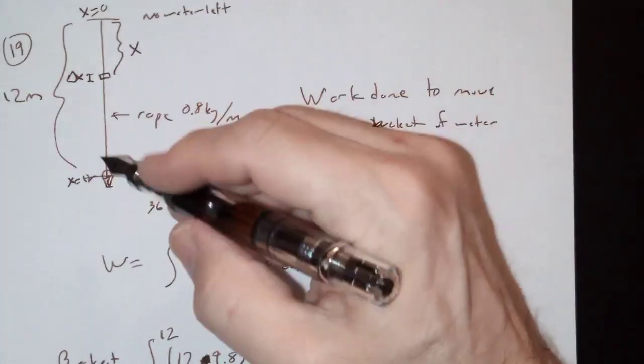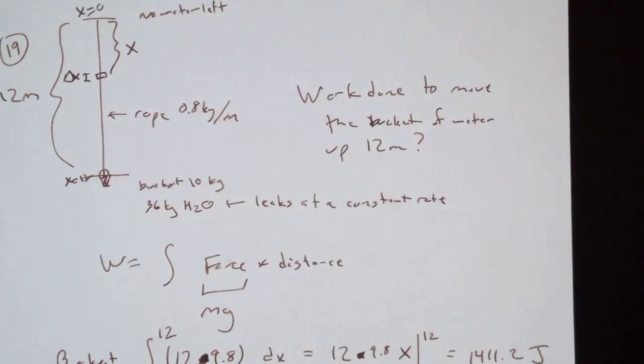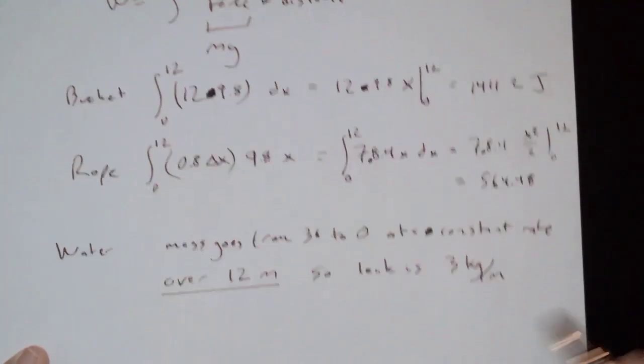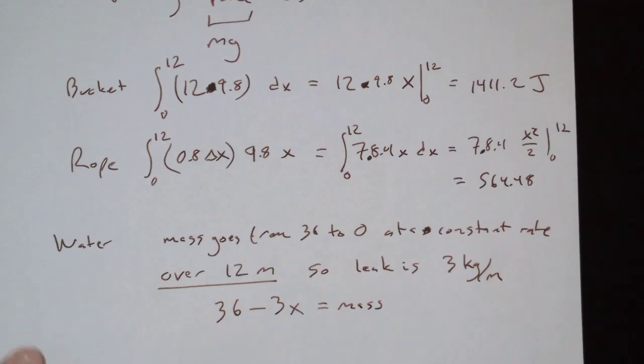If the bucket is going from here to here, that's an X difference. Bucket goes from here to here, that's an X difference. Oh, there's my mass. In terms of X, mass times gravity is force, force over distance.